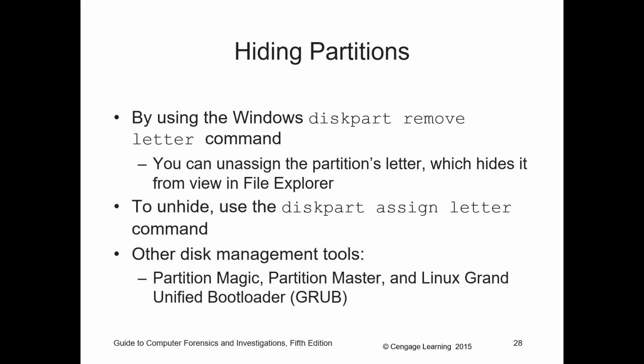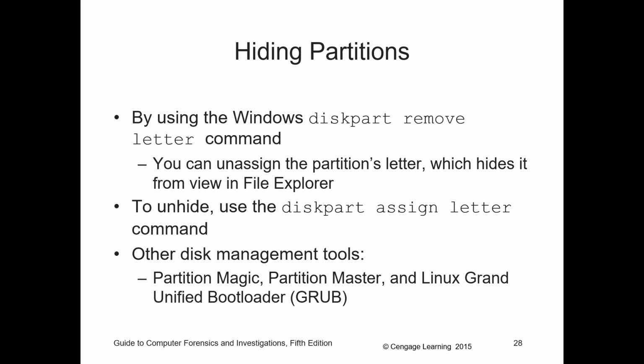In hiding partitions, they're giving us some clues here. If you're in Windows, you can use the diskpart remove letter command. You know, like when you go into the other way, you have drive C, drive D, E, F. One can just decide to hide it and say it's supposed to be D. You go and hide it and no one will see that partition, yet it's there.